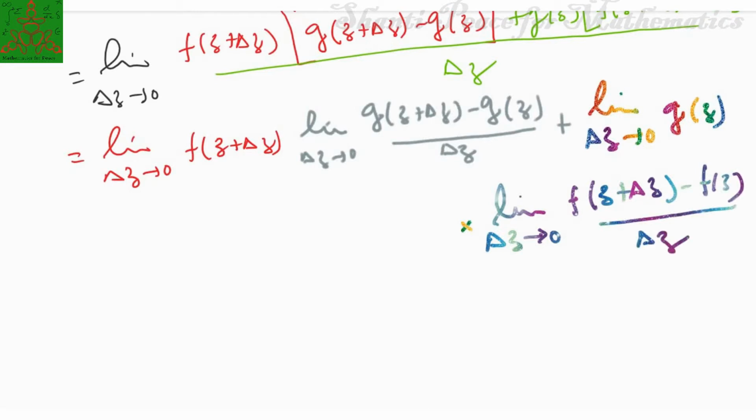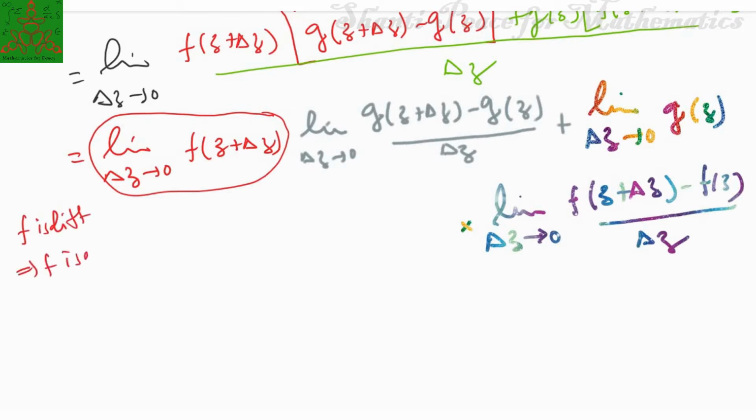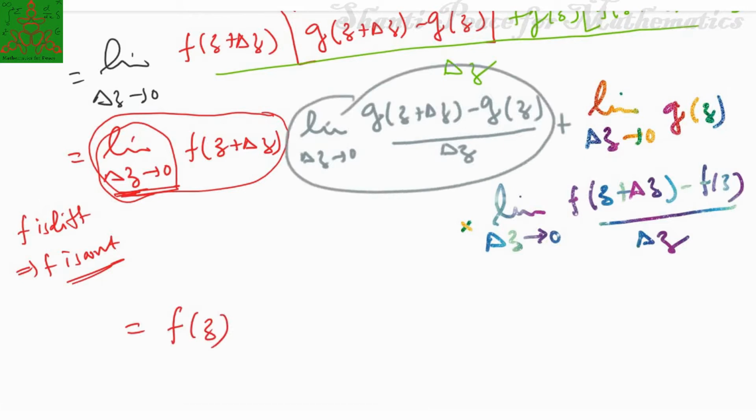Now in the first one, since it is given that f is differentiable, it implies that f is continuous. Since f is continuous, as delta z tends to 0 you can take the limit inside the function. So that's why this gives you f of z. The second one is nothing but g dash of z.